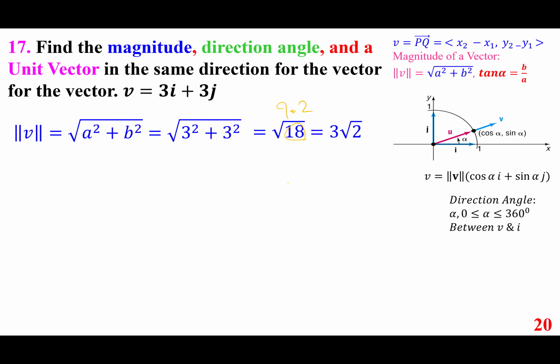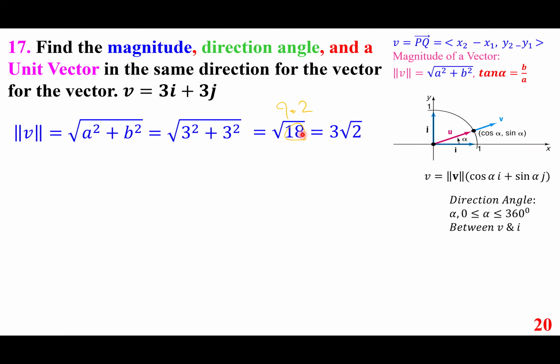As far as the direction is concerned, reminding everyone, here's the vector, and here's alpha, the direction. The vector equals its magnitude times cosine alpha i plus sine alpha j. The direction angle alpha is between 0 and 360 degrees. It's between the vector and i, meaning the positive side of the x-axis.